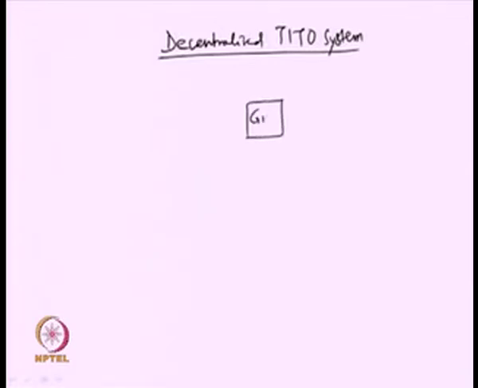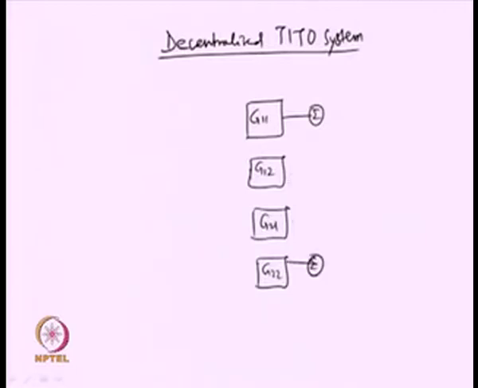Decentralized TITO system, where I shall describe the TITO system dynamics in the form of G11, G12, G21 and G22. Again we have got the output from the blocks added in this form.